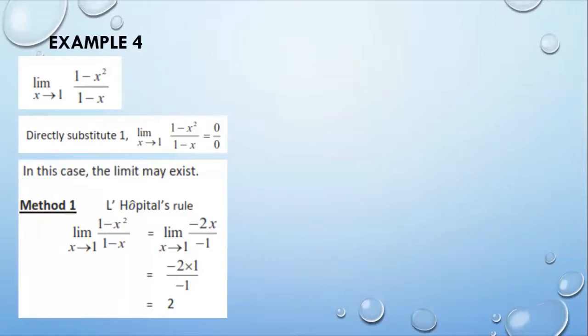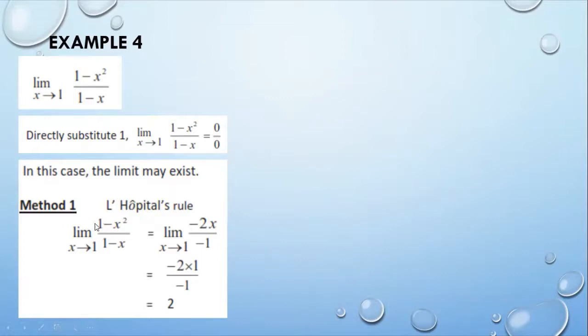Differentiation is again something you have learned last year. The rule's steps are: bring the power in front and subtract 1 from the power. This is one method, I'll show another method after this. What you have to do is differentiate the numerator and differentiate the denominator. In the numerator, you have 1 minus x squared.